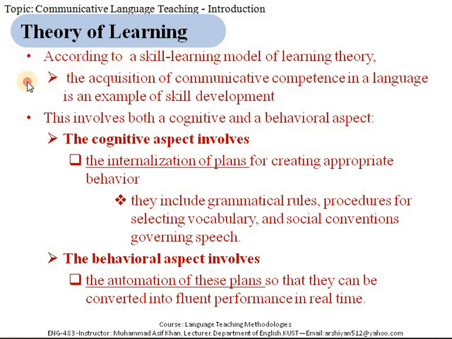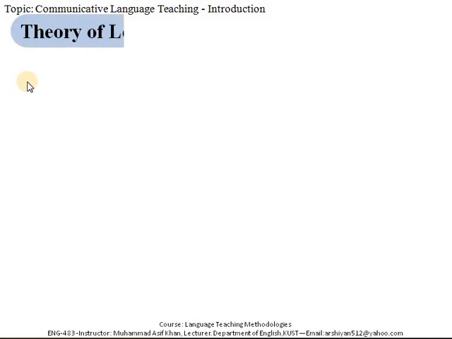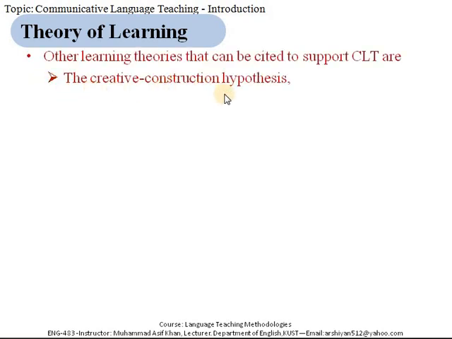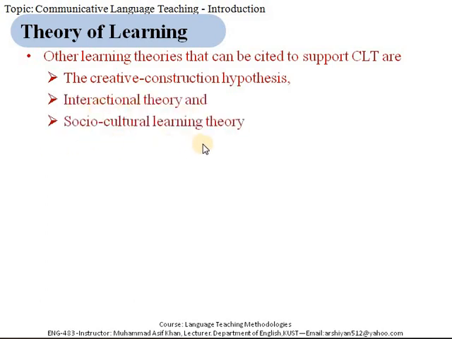Now let's have a look at other learning theories that can be cited to support communicative language teaching. These theories are the creative construction hypothesis, interactional theory, and socio-cultural learning theory.